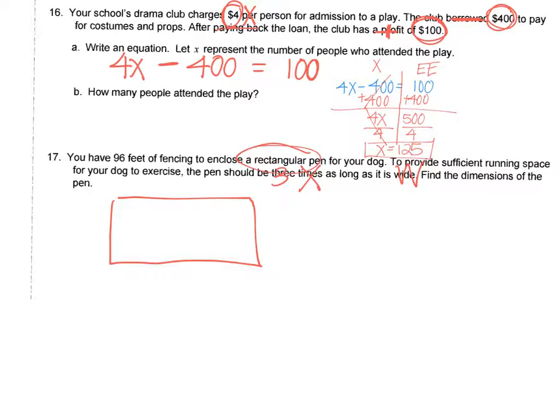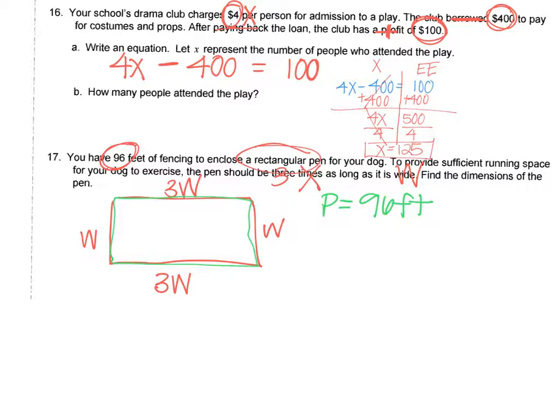So wide, we don't know how long it is wide, but we're going to call that W. But then the length is 3 times whatever W is. And it tells us that 96 feet is used. So I have to use 96 feet to go all the way around the rim. So the perimeter equals 96 feet.